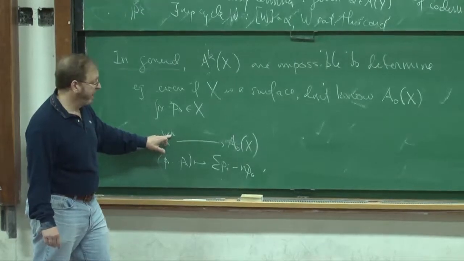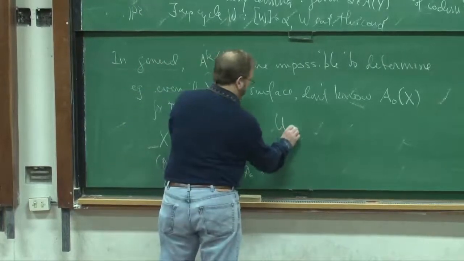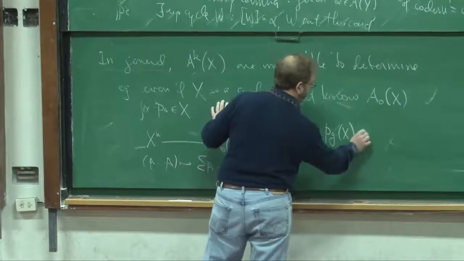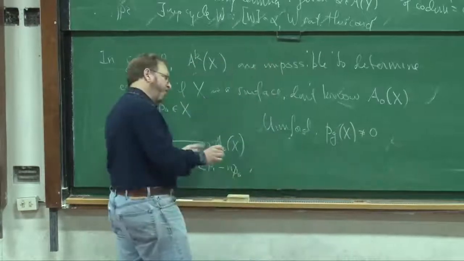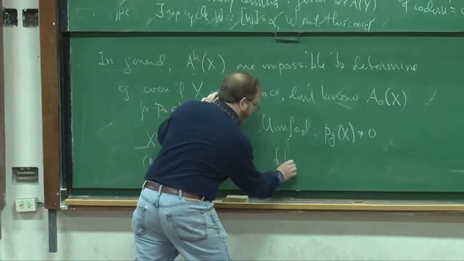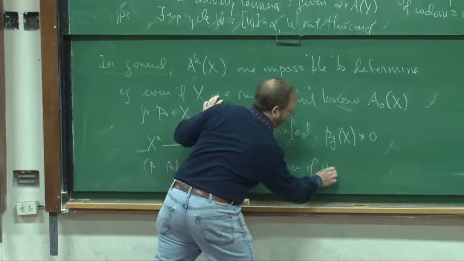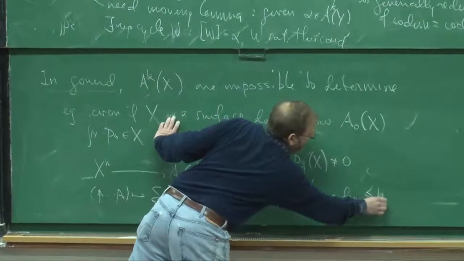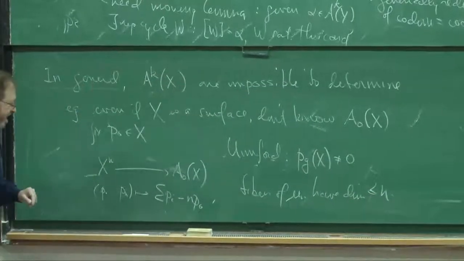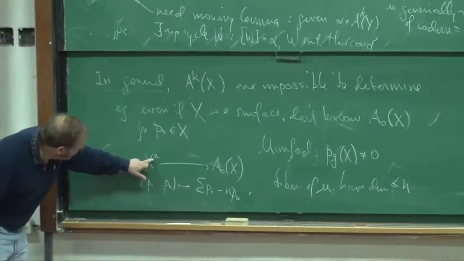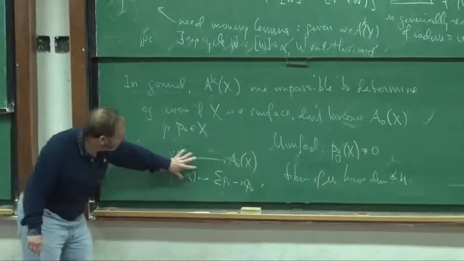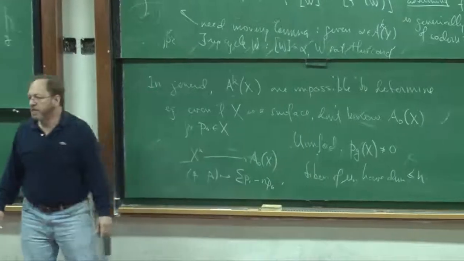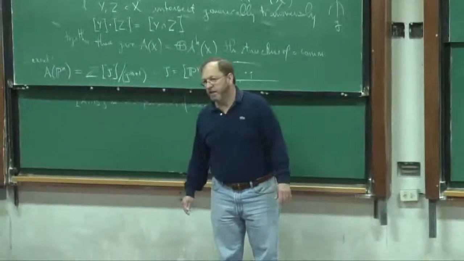And what Mumford proved is that if p_g of that surface is non-zero, it has a non-zero holomorphic 2-form, the fibers of this map all have dimension at most n. What that means, so we have a 2n-dimensional object here. We're mapping to the Chow group of zero-dimensional cycles. The fibers have dimension at most n.